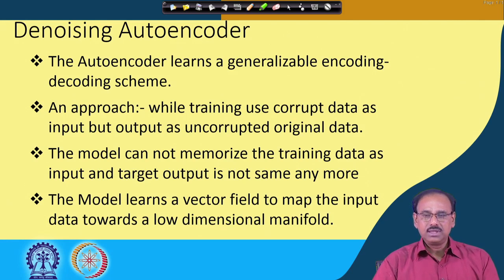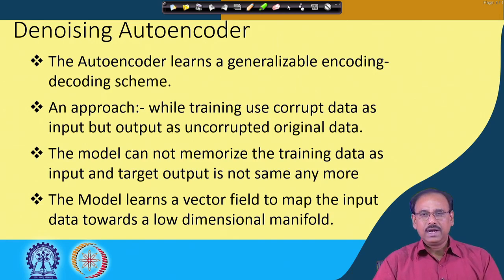In case of the denoising autoencoder, what you do is, while training the neural network, the training data is corrupted or perturbed, and the perturbed data is fed to the input of the autoencoder. Whereas, we expect that the output of the autoencoder should be the original unperturbed data.